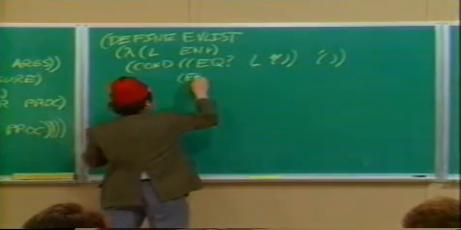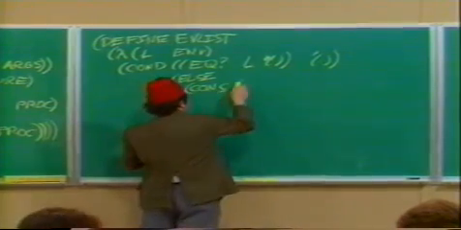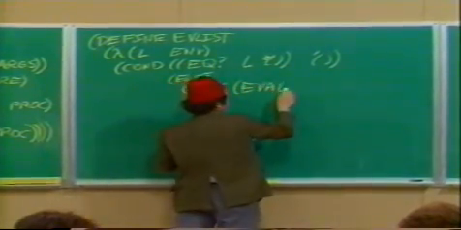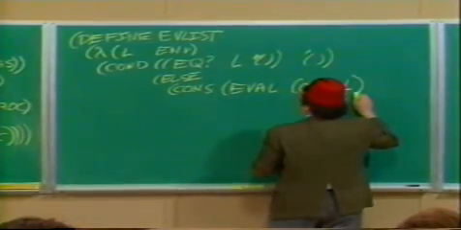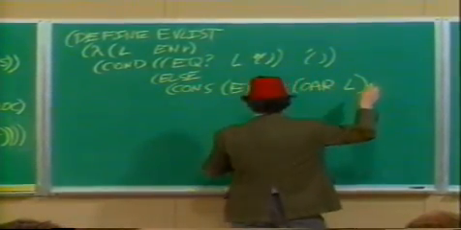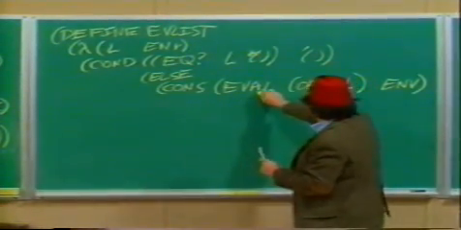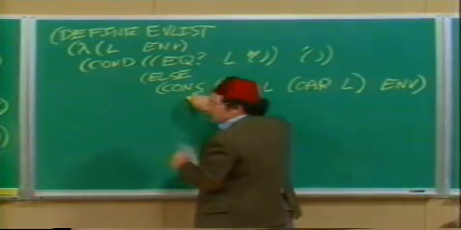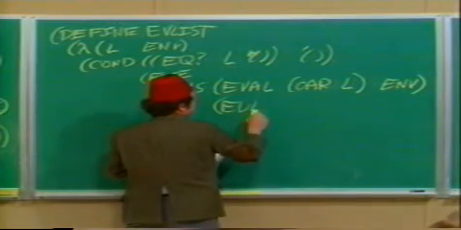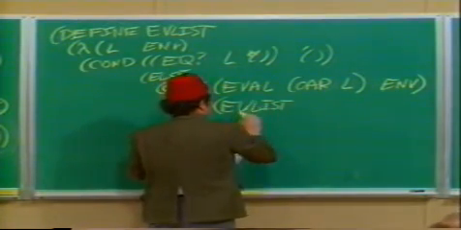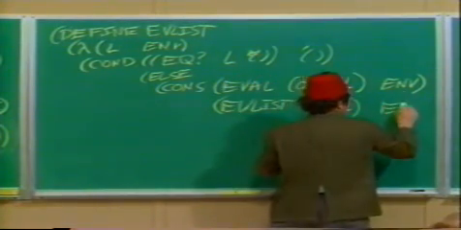Otherwise, I want to cons up the result of evaluating the car of the list of operands in the environment. So I want the first operand evaluated, and I'm going to make a list of the results by consing that onto the result of evlisting the cdr of the list relative to the same environment. So it's a cdr recursion.